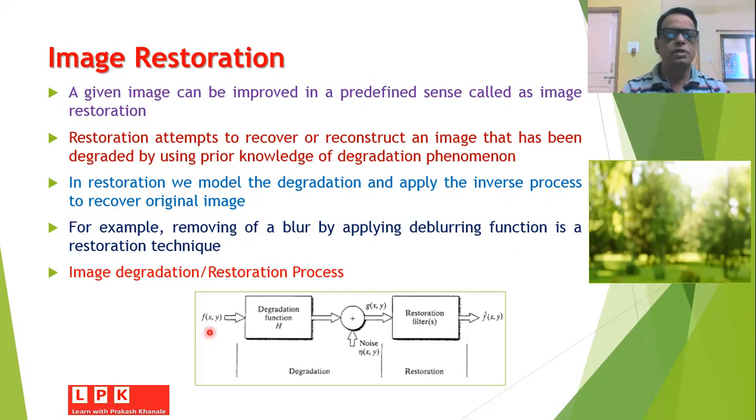Suppose this is the input image f(x,y), and we apply some degradation function h to this image, and some noise is also added, so that we have a further degradation of the image and get the image g(x,y). Then we can apply the restoration filters to this image so that we get at the output the original image f(x,y).